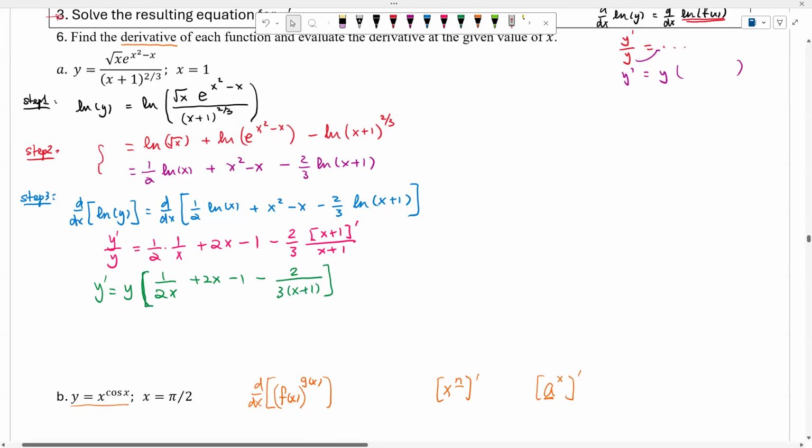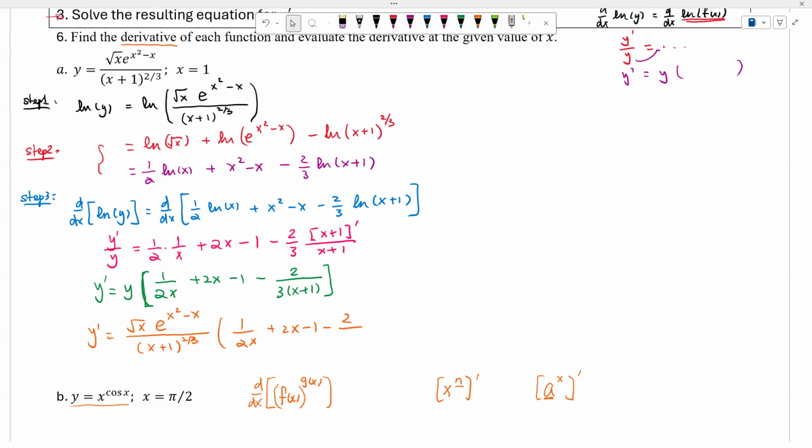Then now I would like to replace y with square root of x times e to the x squared minus x, divided by x plus 1 raised to the power of 2/3, then multiply by 1/2x plus 2x minus 1 minus 2/3 times x plus 1.